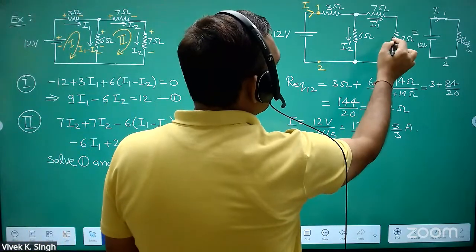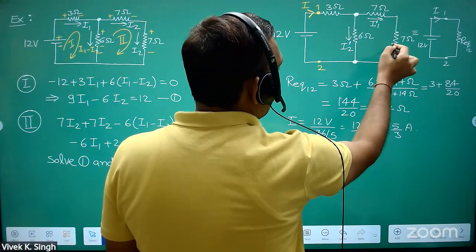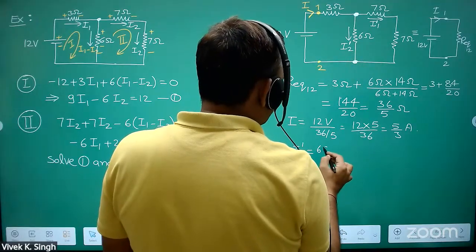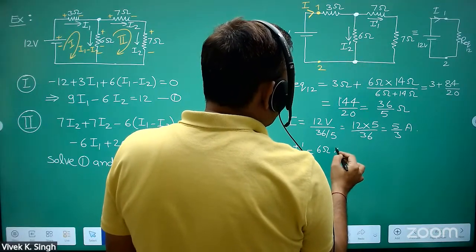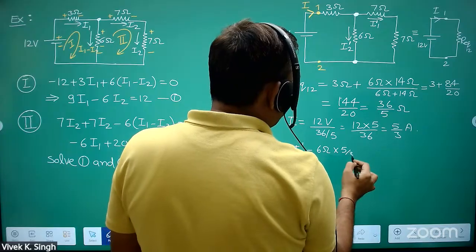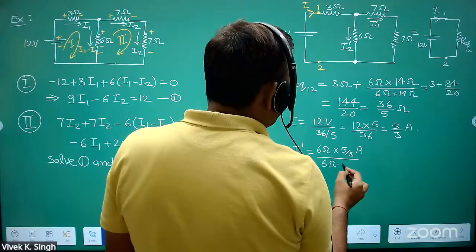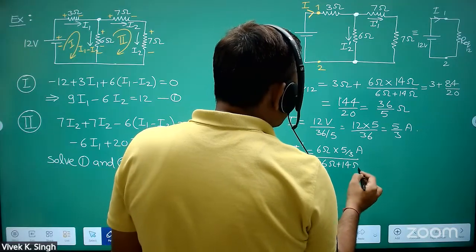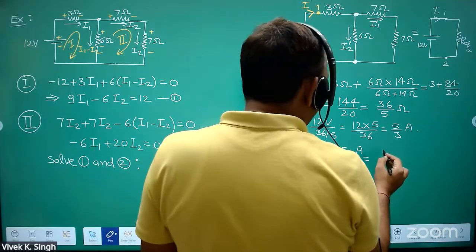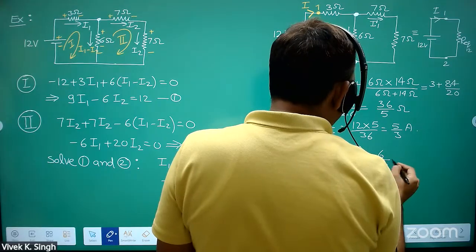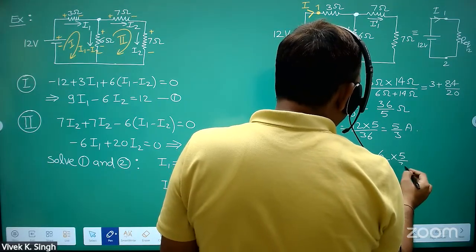So when you find the current in this R1, this will be what? 6 ohm into 5 by 3 ampere divided by 6 ohm plus 14 ohm. And this will be 6 by 20 into 5 by 3.